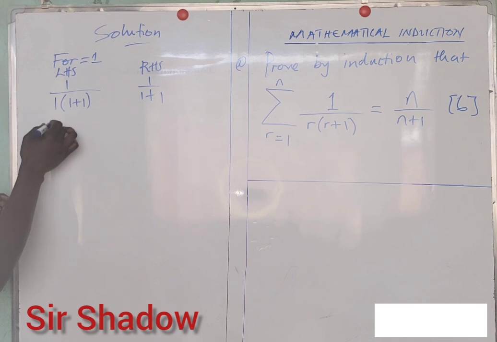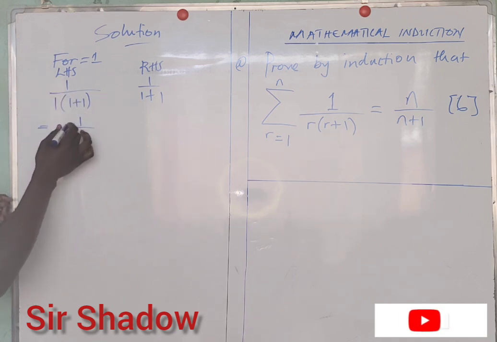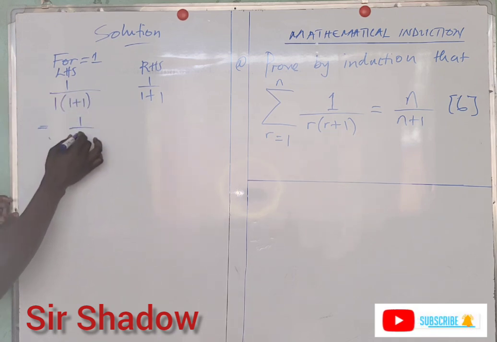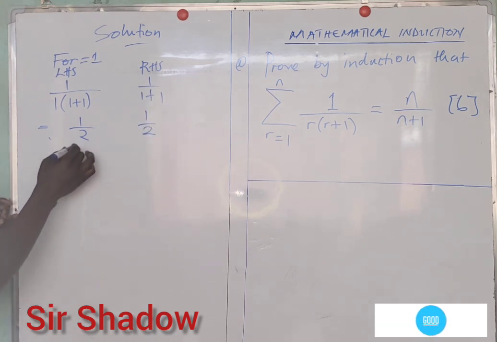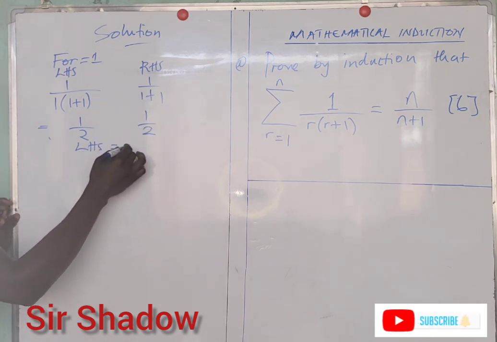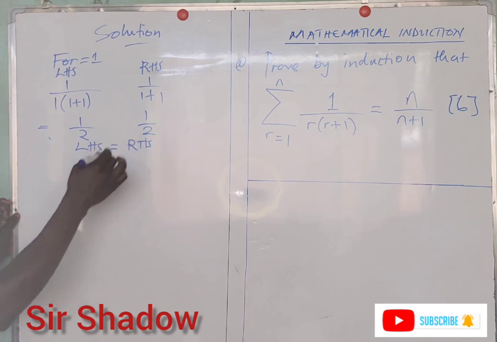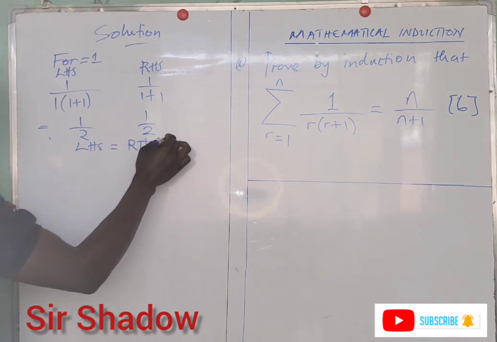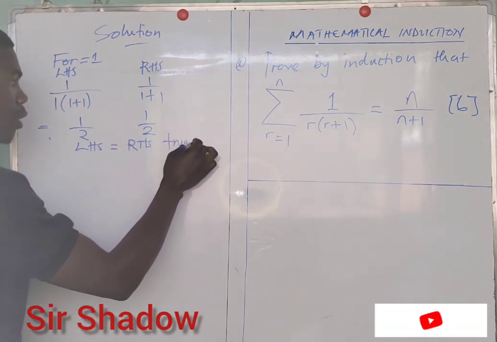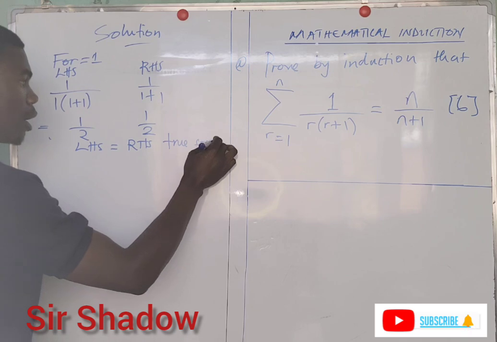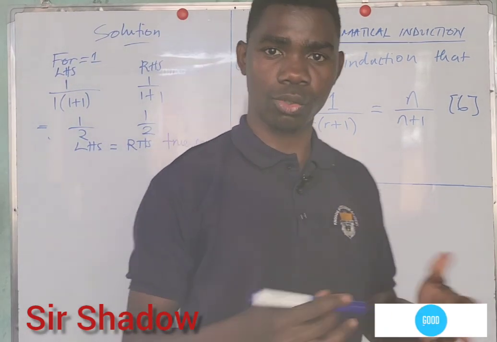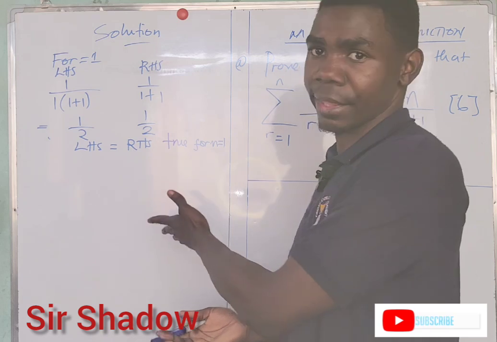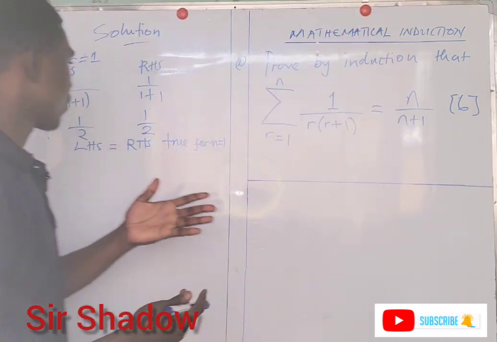Here we go: 1 over 1 times 2, which is 1 over 2, and then 1 over 1 plus 1, which is 1 over 2. So the left hand side is equal to the right hand side, as you see, meaning that it is true for n is equal to 1, as we notice together.